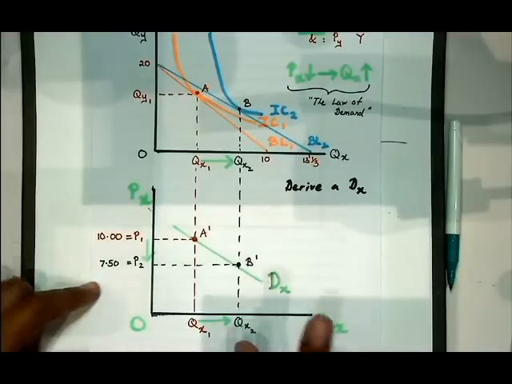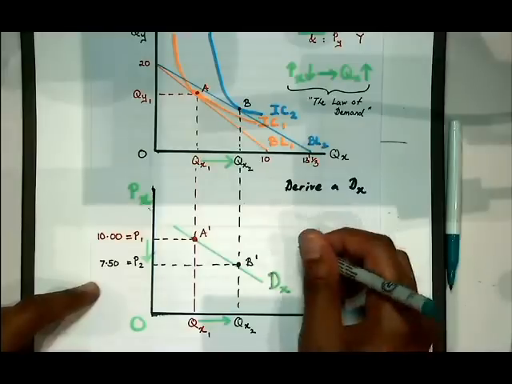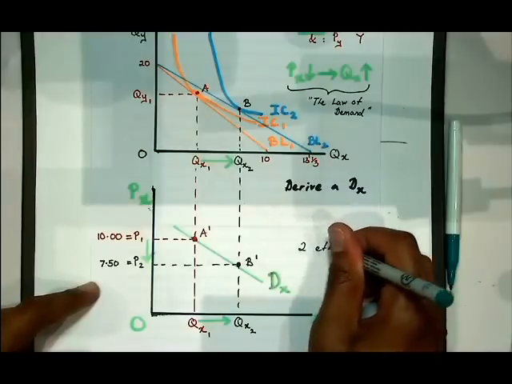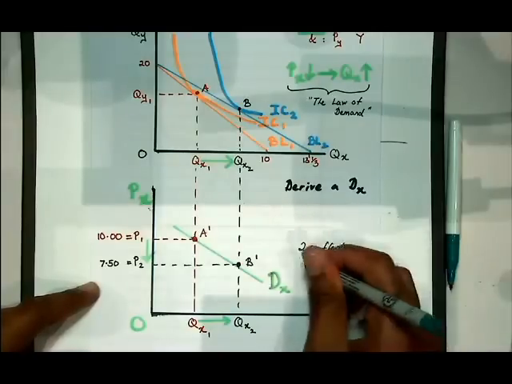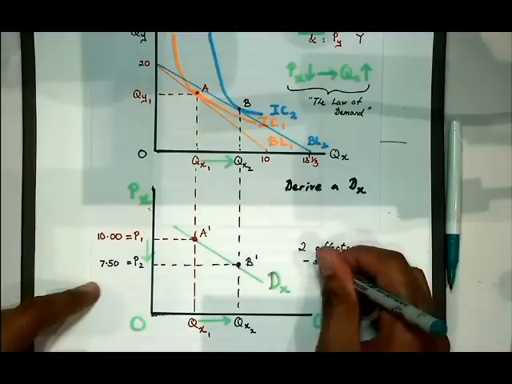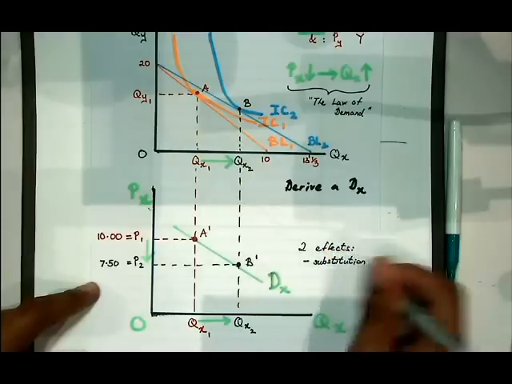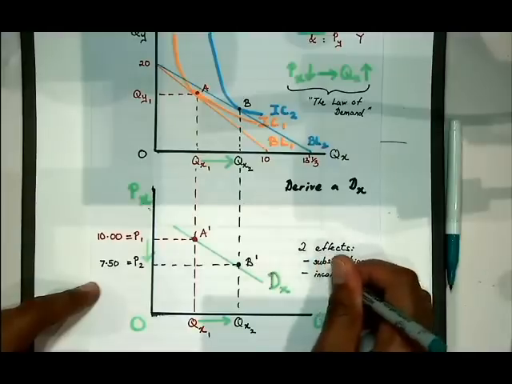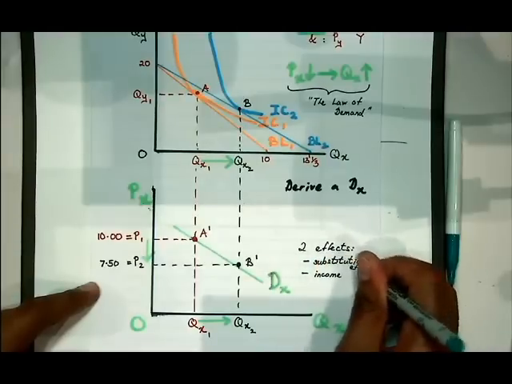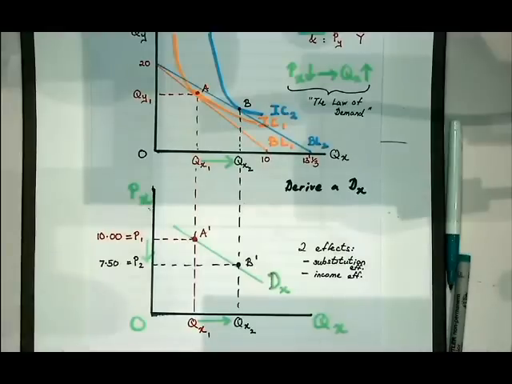So, when we talked about the law of demand, we said there were two effects behind the law of demand. What were they? The substitution effect and the income effect.